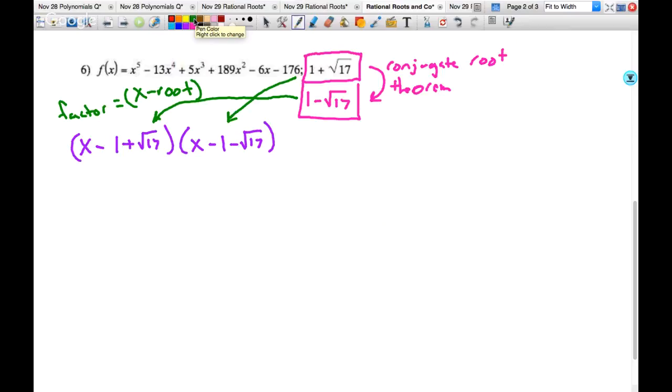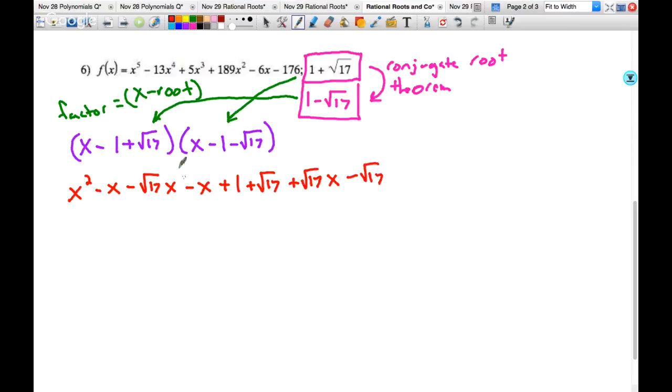X times x, x squared, x times negative 1, negative x, negative square root of 17x, negative x, positive 1, positive root 17, 3 more to go, positive root 17x, negative square root of 17, and then our last term is square root of 17 times a negative square root of 17.